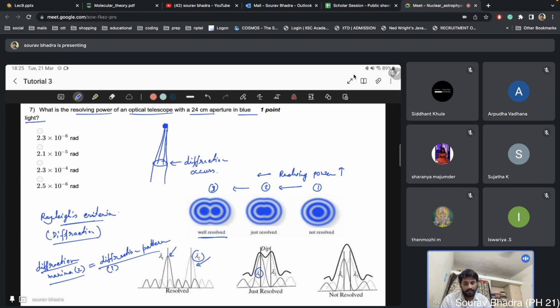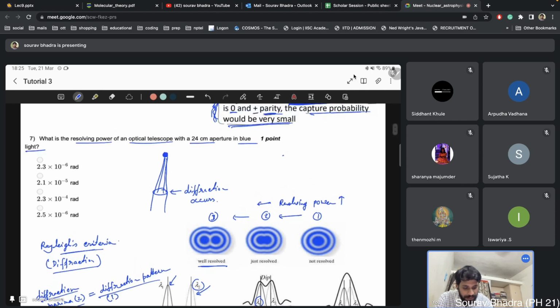That is the criterion, and if you calculate using it, you will get that theta, the resolving power, is 1.22 lambda by d. I will not derive it, but go through any standard diffraction chapter and the diffraction pattern due to a circular hole.